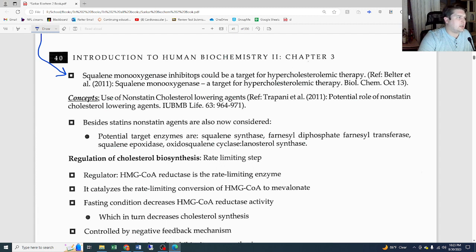You'll talk more about this study in class, but basically the different enzymes making squalene in order to produce cholesterol, we can target using drugs to actually stop the body's production of cholesterol in somebody who already has hypercholesterolemia, or who has high cholesterol already.